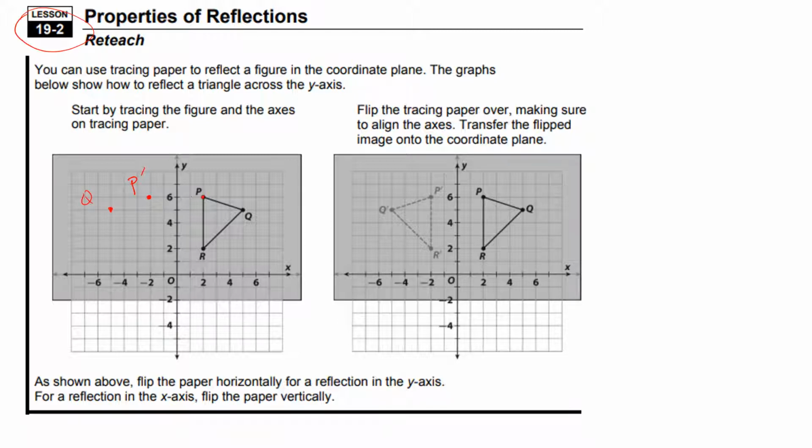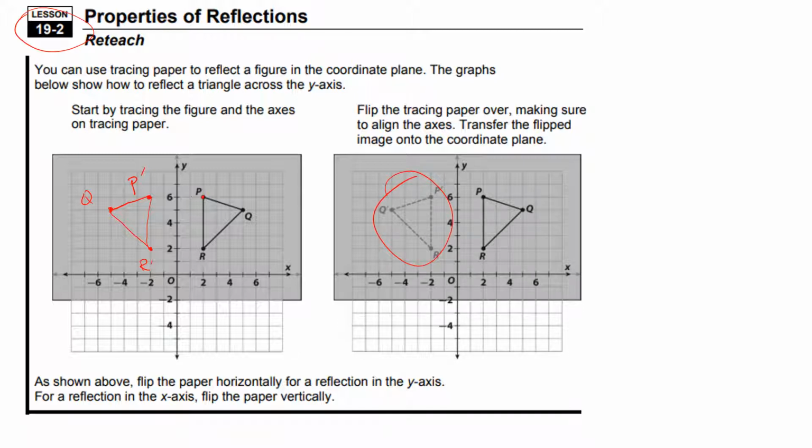I can connect these two. And then R prime. I count 1, 2 to the line of reflection, and then 1, 2 to the other side. That is right here, and that is R prime. And we have our reflection about the y-axis. That's exactly what they show over here.